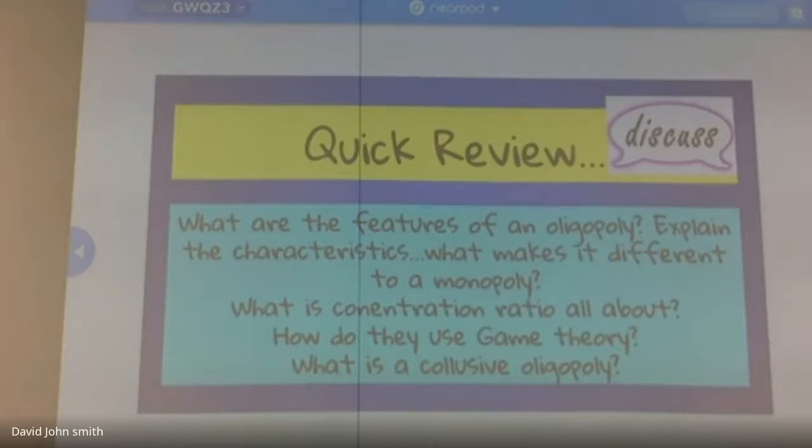Concentration ratio, no, that's just you in class. You're thinking, which is good. Very simple, you're going to kick yourself for not knowing it. Oh, you're the closest so far. What was the term that we use? Game theory, thank you, yeah!